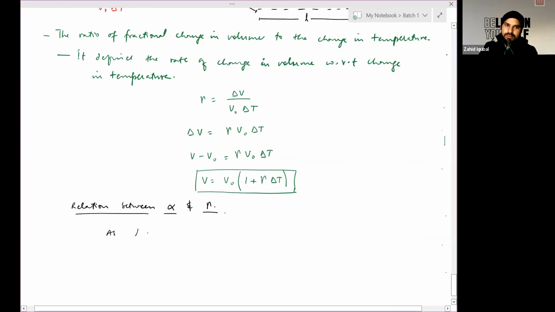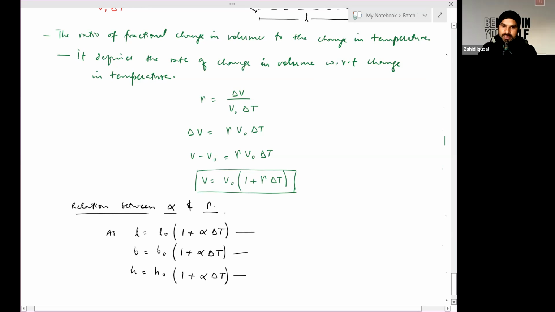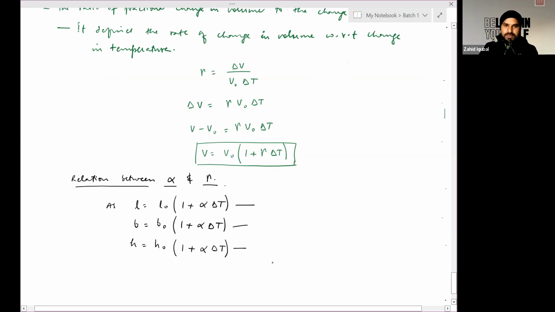As length equals L naught, 1 plus alpha times delta T. Similarly, breadth B naught, 1 plus alpha delta T, and height H naught, 1 plus alpha delta T, since these all behave as nothing but length. So according to linear expansion, we may write this.